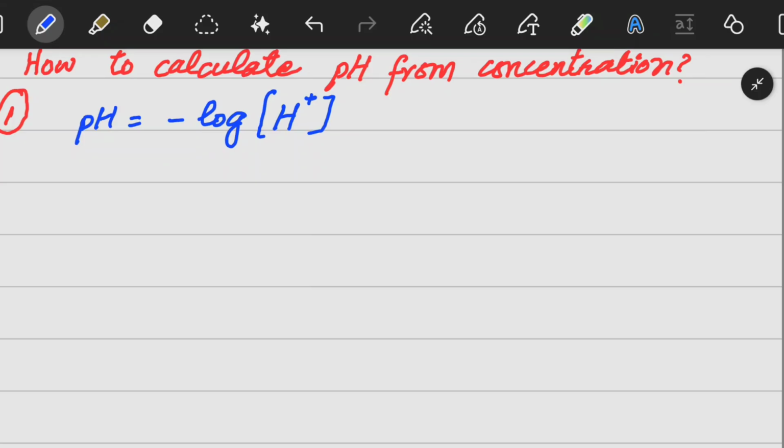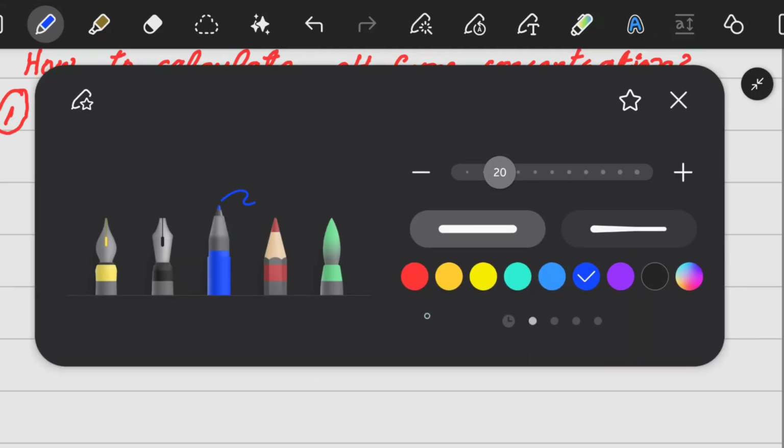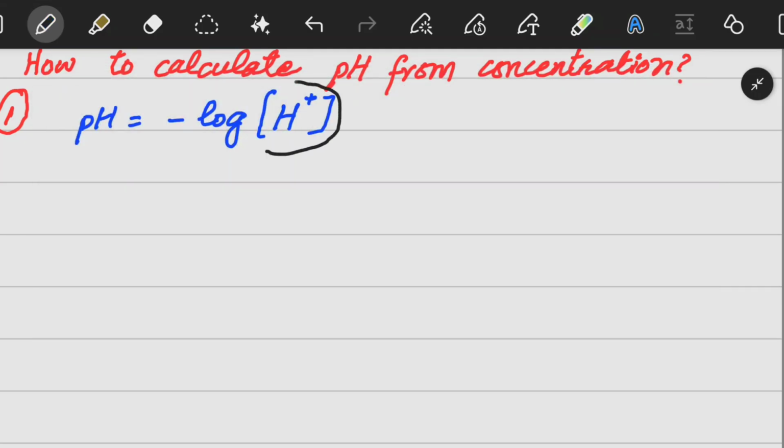Now the trickiest part here is to know the concentration of hydrogen ions in a solution. That is the main thing. In order to calculate the hydrogen ion concentration, we need to first understand what we are dealing with.